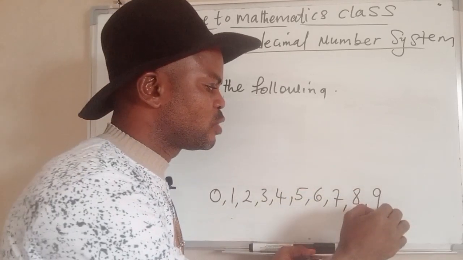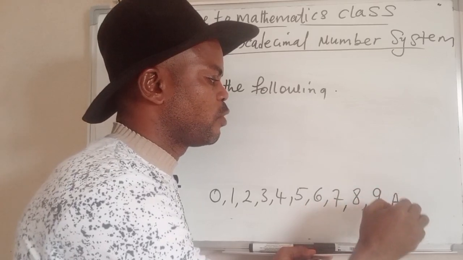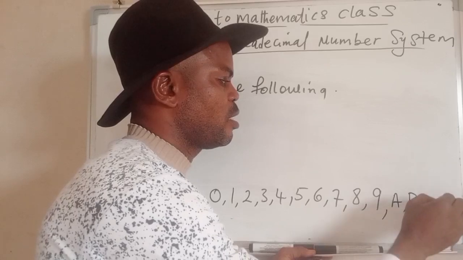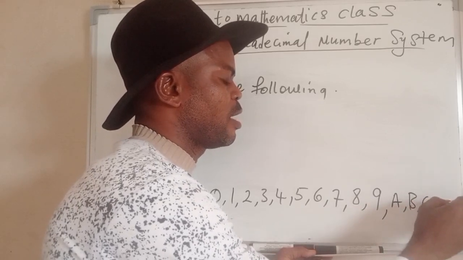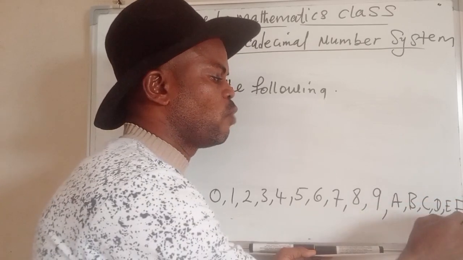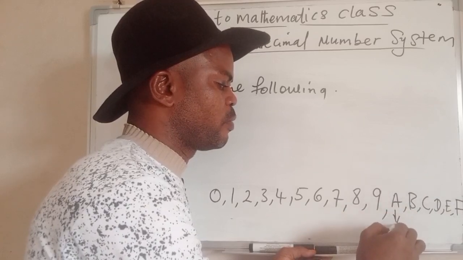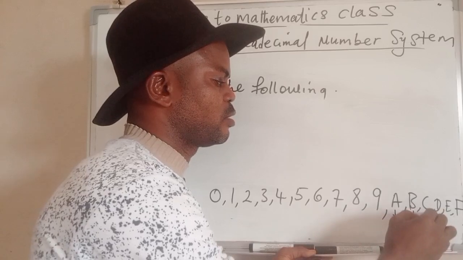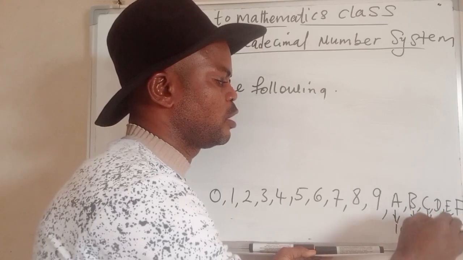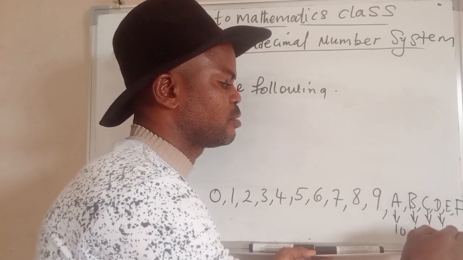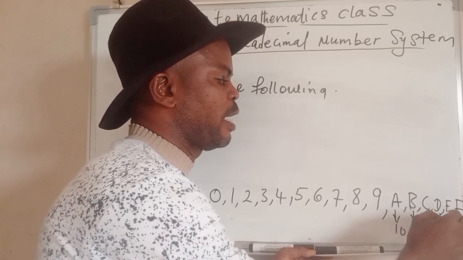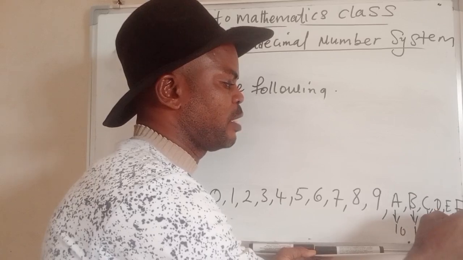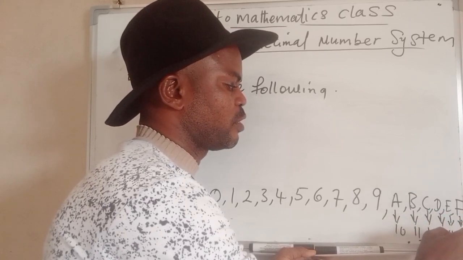So when you get to 9, you say A for 10, B, C, D, E, and the last digit F, where A in base 16 represents 10, B represents 11, C represents 12, D represents 13, E represents 14, and the last alphabet F represents 15.